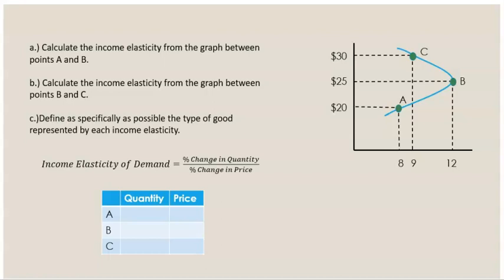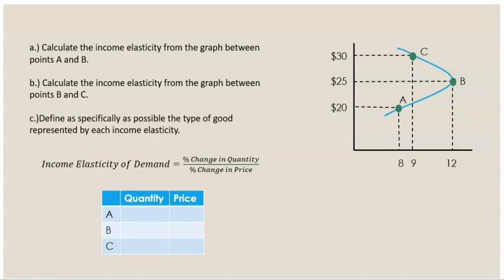In order to do any of these, we're going to use the formula that we discussed in the previous slide. In order to solve this, the first thing that I personally would do is create a table of those points for each quantity and price, so that it makes it easier to calculate.